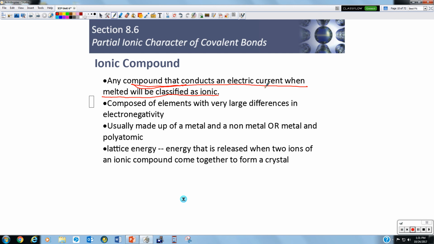Electrons move more freely in a melted one? Electrons, and so electrons are more free to move.